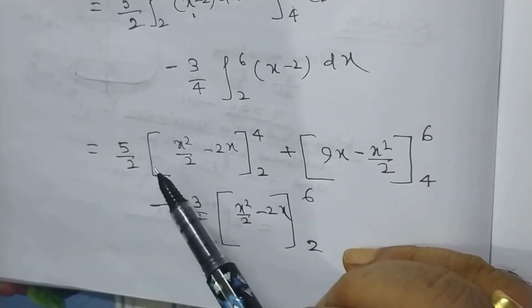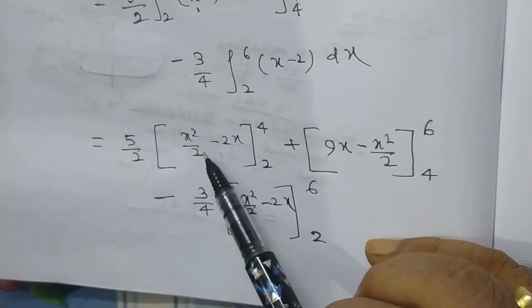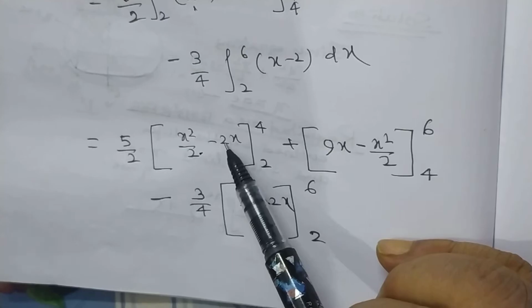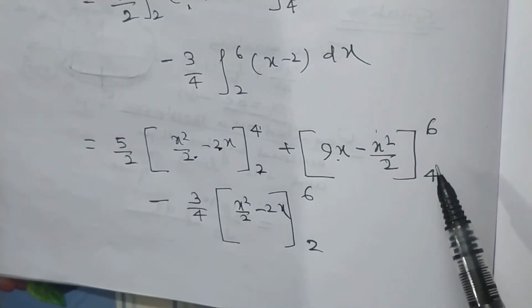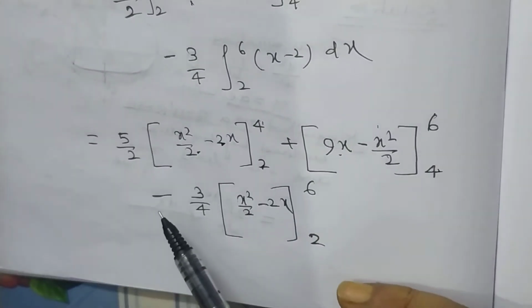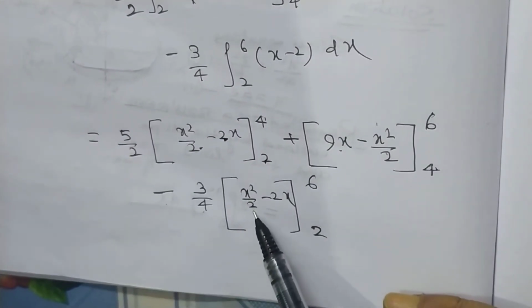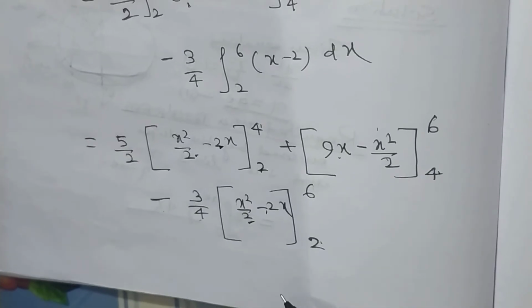And after solving, we have 5 by 2 [x square by 2 minus 2x] from 2 to 4, plus [9x minus x square by 2] from 4 to 6, and minus 3 by 4 [x square by 2 minus 2x] from 2 to 6.